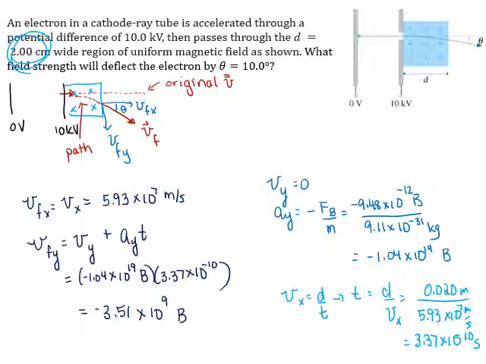Okay, what you might notice here is that we know the x component of final velocity, we know a lot about the y component, and we know that the angle between our components is 10 degrees. We could use a trigonometry function to put those things together.